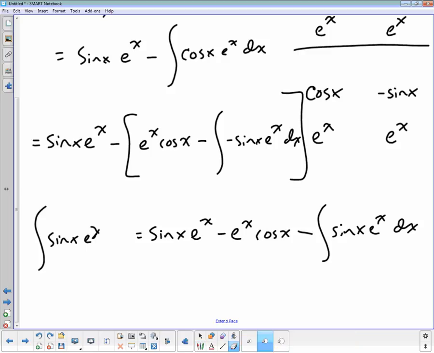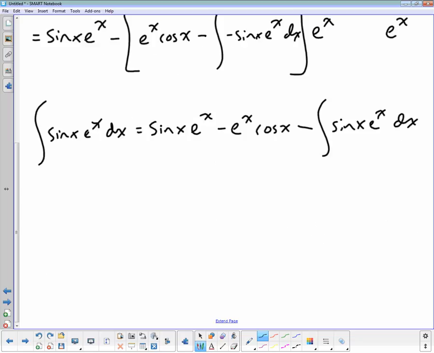And we say, all right, I'm going to combine my like terms. So I bring that integral on the right over to the left. And say, well, I've got two of them now.